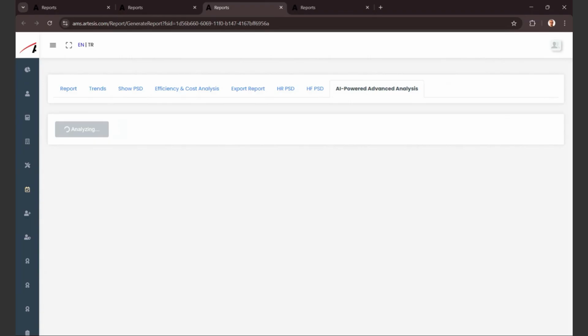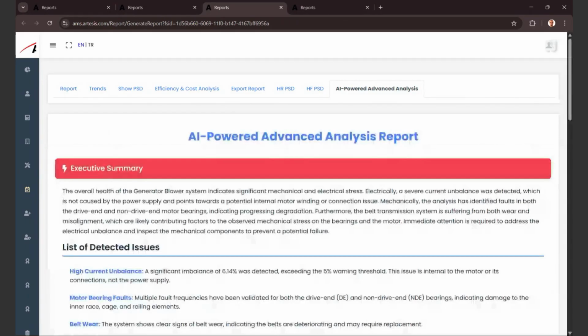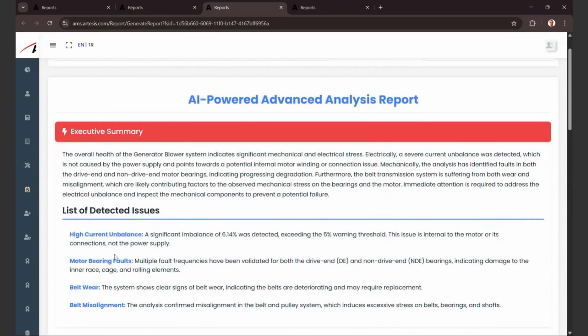Basically what it does, again, is look at everything that an expert analysis would look into: the power values that we're seeing, the voltage, current, RMS values, trending power factors, all that information, as well as, of course, the spectrum analysis of low frequency, high frequency, high resolution. The first thing that it shows us is high current imbalance, which was 6.